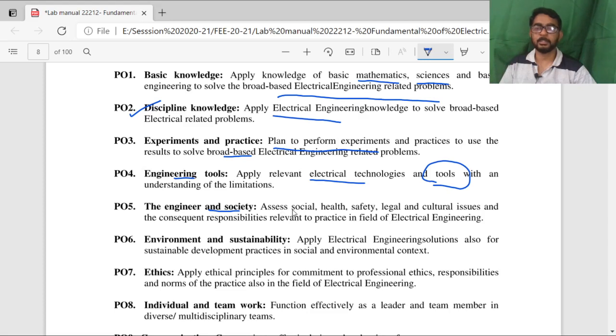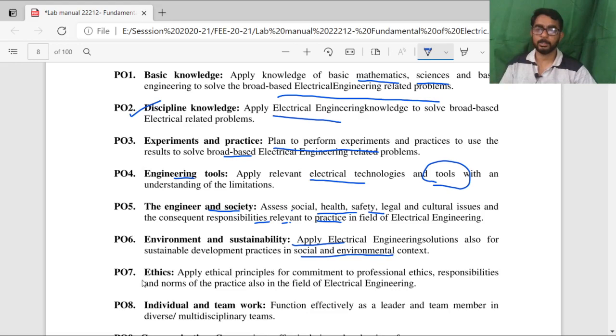As the engineer has to work in society, he should assess the social, health, safety, legal and cultural issues, and the consequent responsibilities relevant to practice in the field of engineering. Then environment and sustainability: he will be able to apply engineering solutions for sustainable development in the social and environmental context.